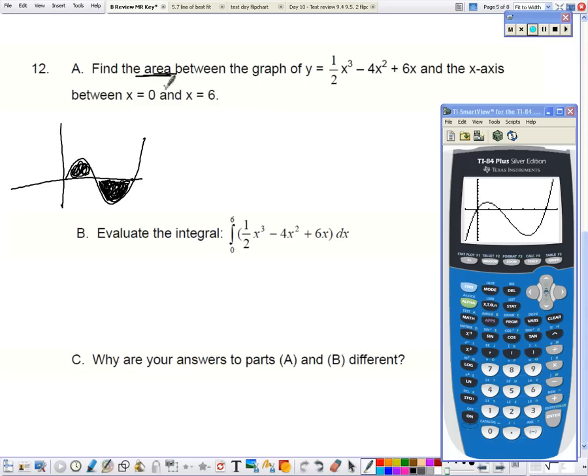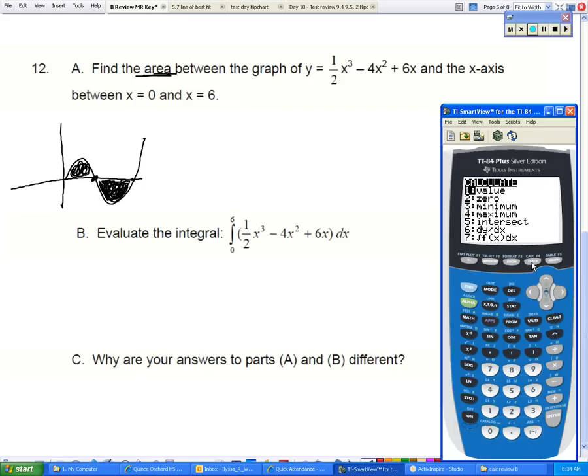So if I want the total area, or the space that these two pieces of the graph take up, first I have to find where this crosses the x-axis right here to split up my two pieces. So I'm going to do second, calculate 0, to go to the left. Right.